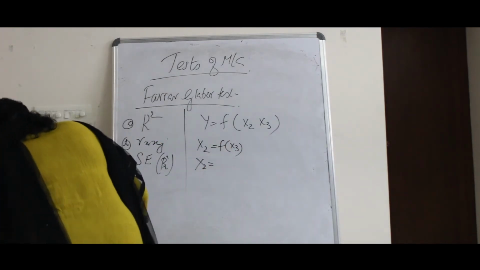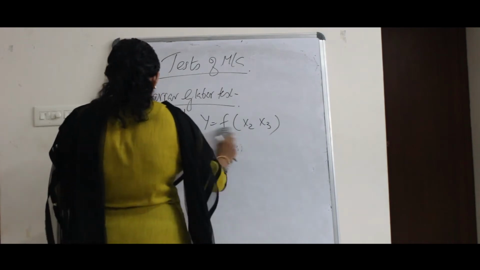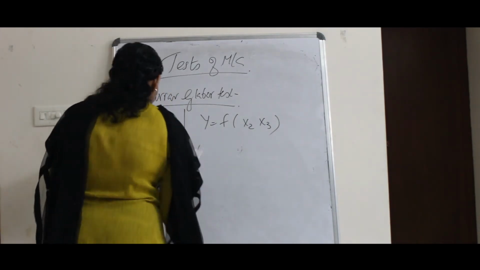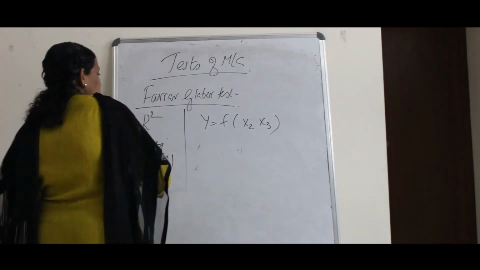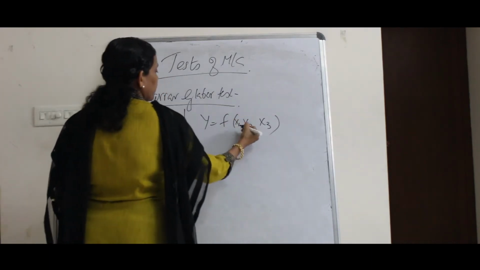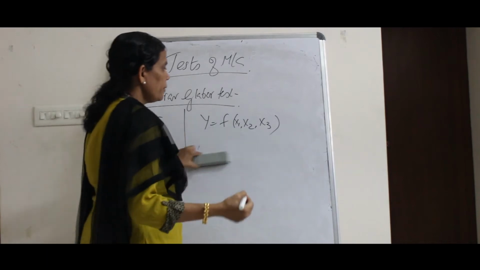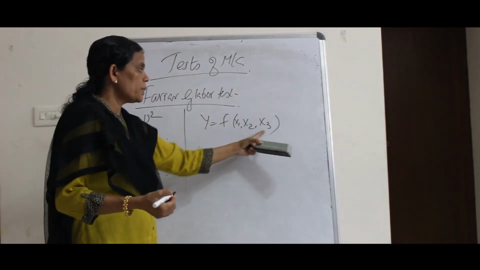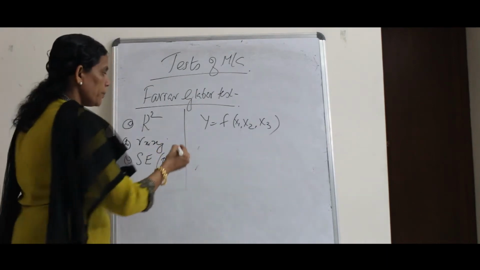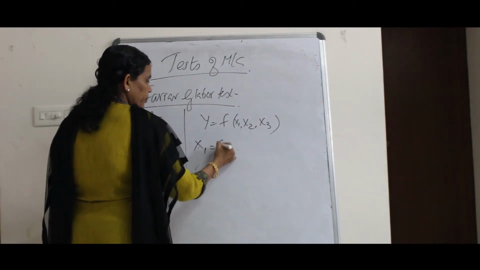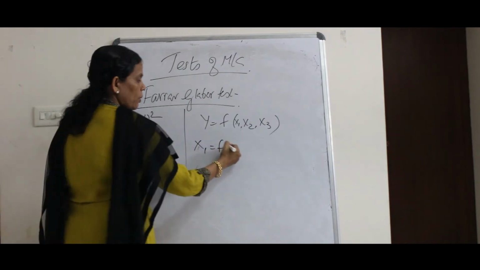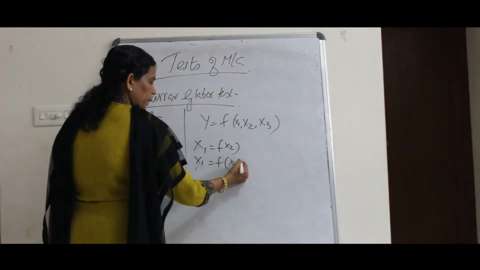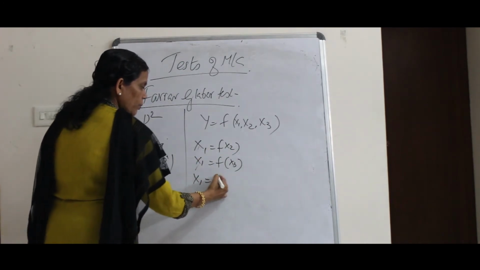Write once again. Three variables, that will be easy for you to understand. Suppose we have three variables. For generality, we will write this. You have three variables. You are asked to run auxiliary regressions for these explanatory variables. So I can run regression of x1 on x2, then x1 on x3, and then I can add these two.